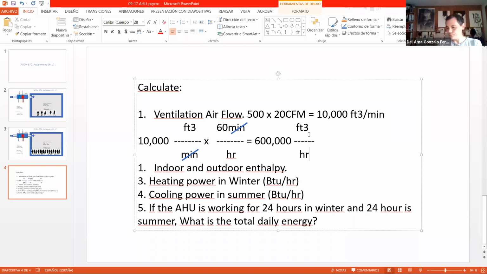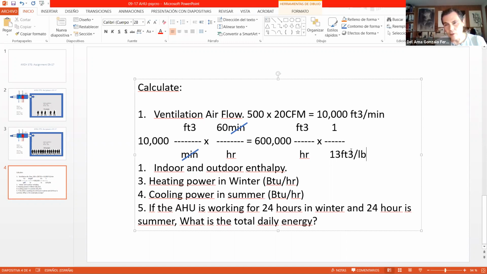But we need pounds per hour. So we have to divide this by the specific volume. The specific volume is 13 or something close to 13, and this is cubic feet per pound.